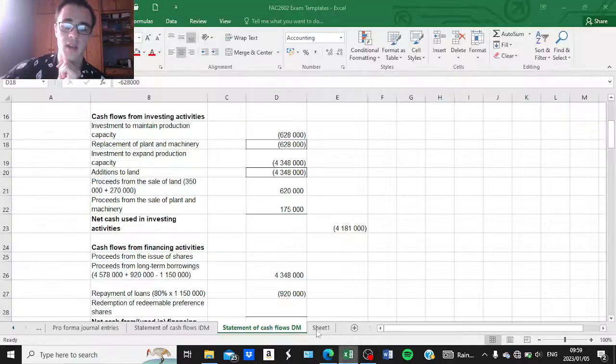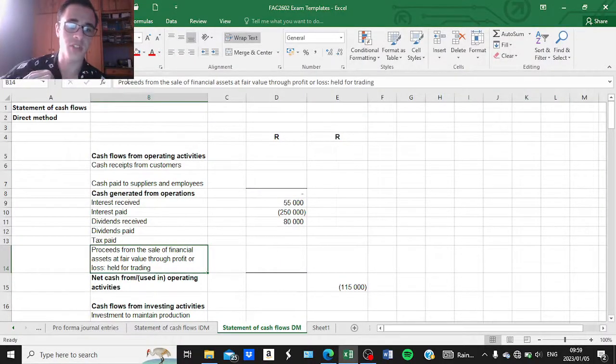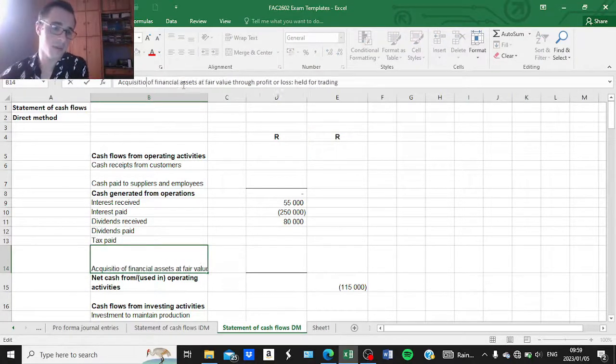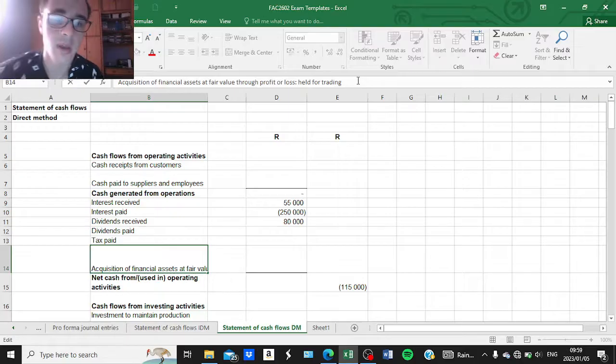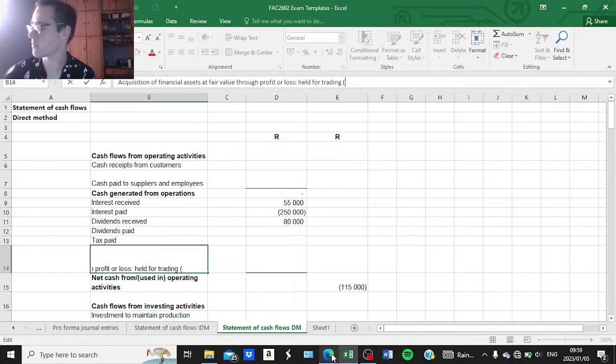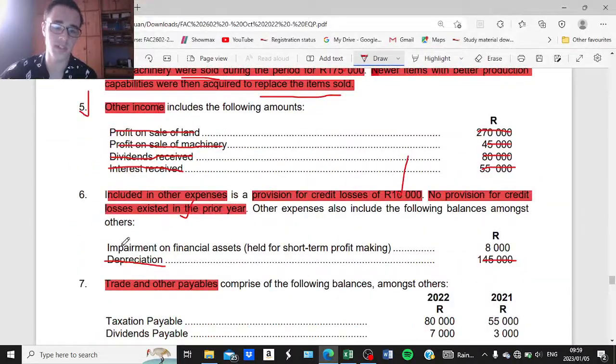So in our operating activity section, we will show the acquisition of financial assets at fair value through profit or loss. They are held for trading. So we will work in reverse, starting with the closing balance of 1 million Rand. We need to add back the impairment losses of 8,000 that was given in additional information point 6.